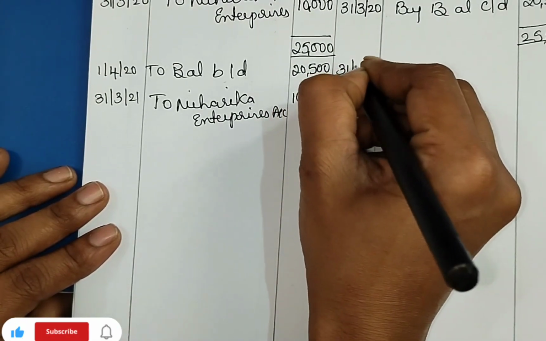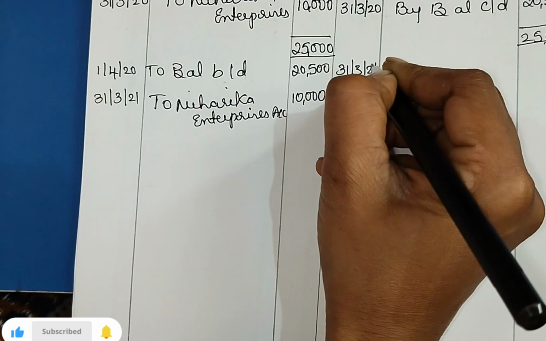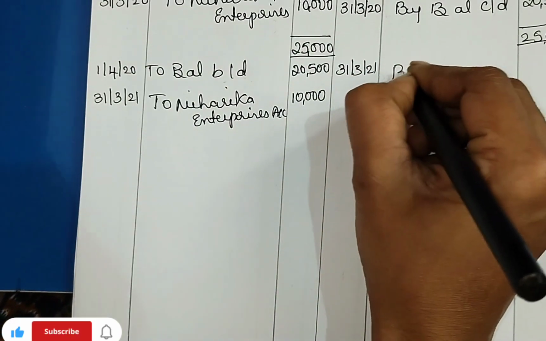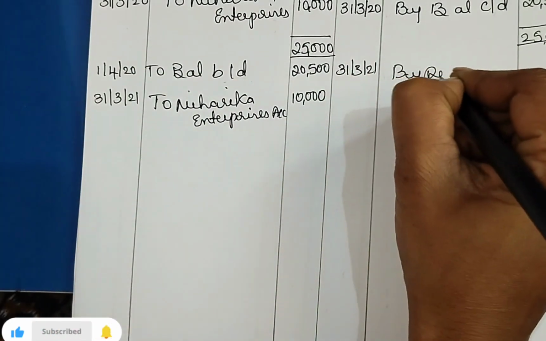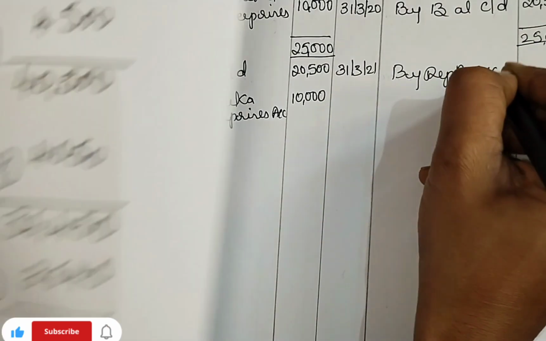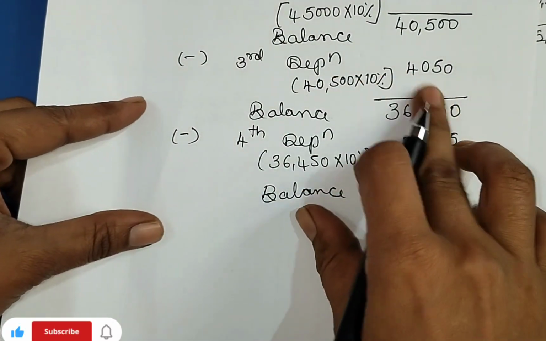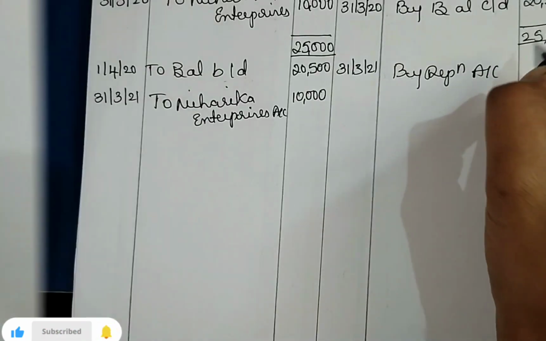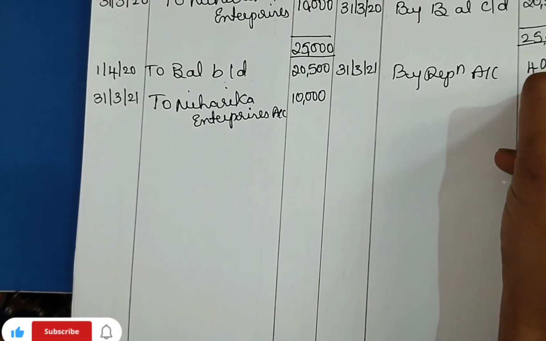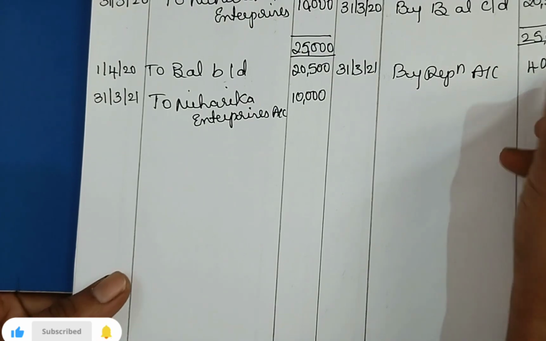Depreciation on 31st March 2021. Depreciation is by depreciation account. What is the third year depreciation? 4,050.